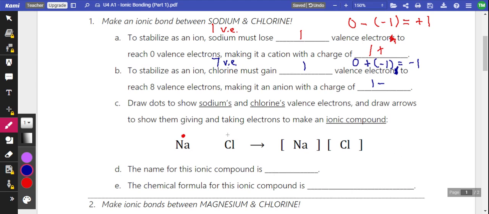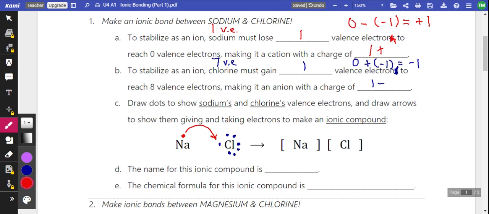Chlorine has its original 7: 1, 2, 3, 4, 5, 6, 7. All right. And I'm going to draw an arrow to show sodium giving that valence electron over to chlorine. Just like that. Okay. What we're left with is sodium with no valence electrons.